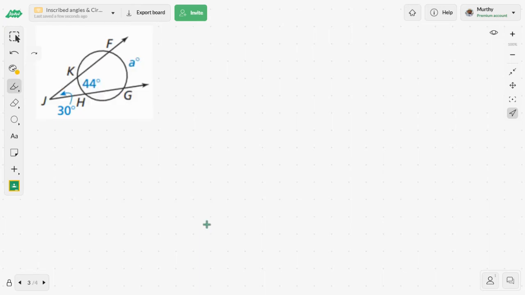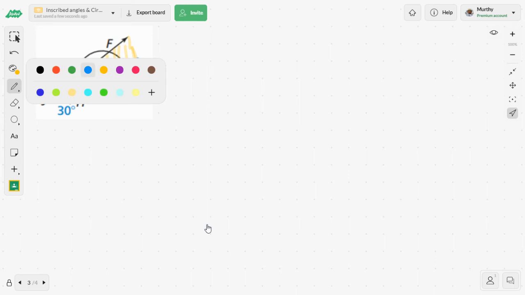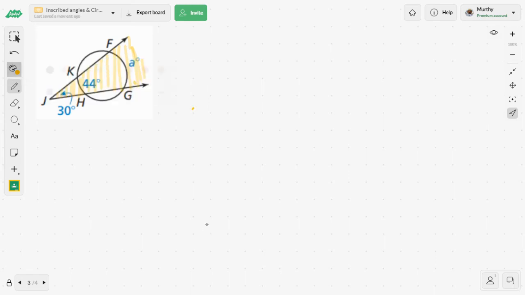So what I'm doing is, let me identify the area between the two legs. Let me identify which is the short arc and which is the long arc. I see that this is the short arc and this is the long arc.